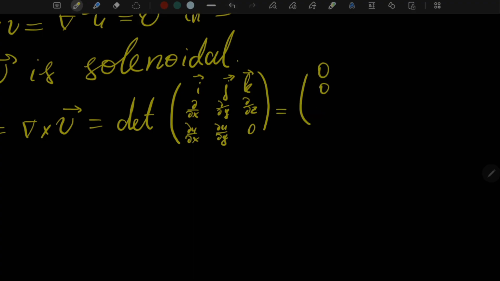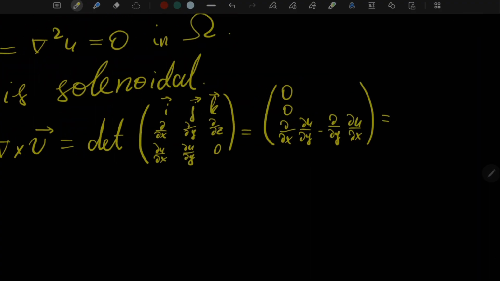And for the third coordinate we get this by calculating the determinant. And using the fact that they are harmonic conjugate functions, this then also cancels out to 0 by the Cauchy-Riemann equations. So it is the 0 vector in omega, of course.